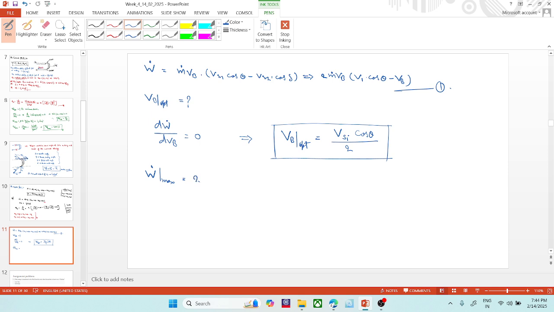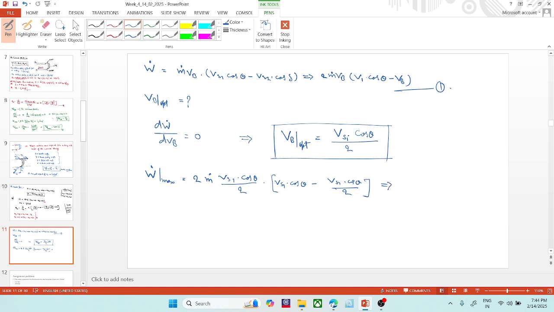2m dot, VB value is Vs1 cos theta by 2, into Vs1 cos theta minus Vs1 cos theta by 2.